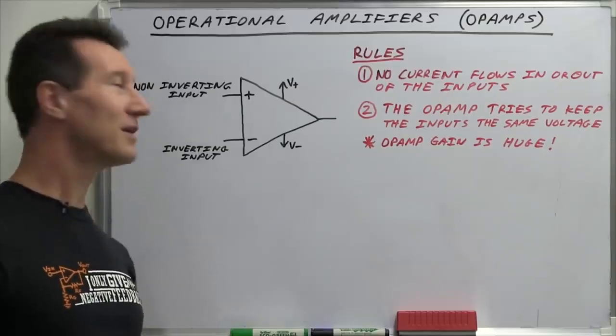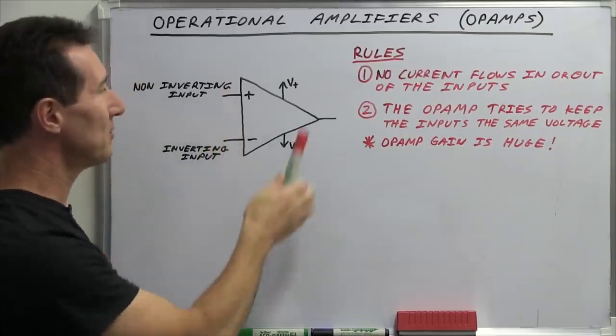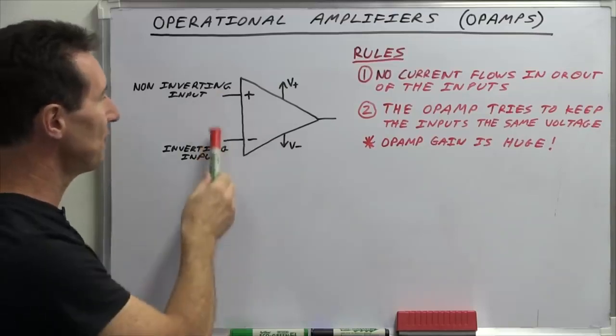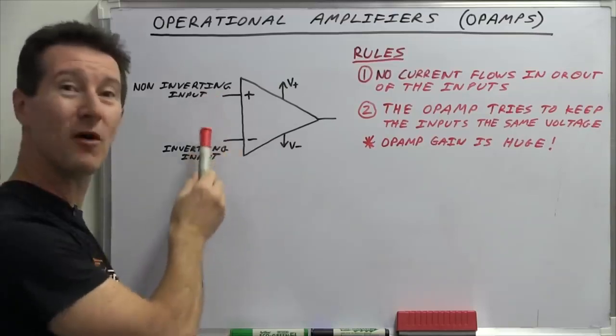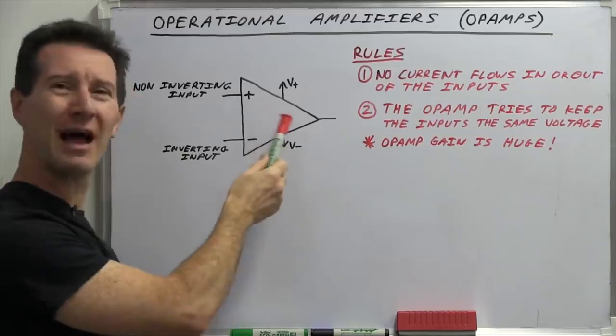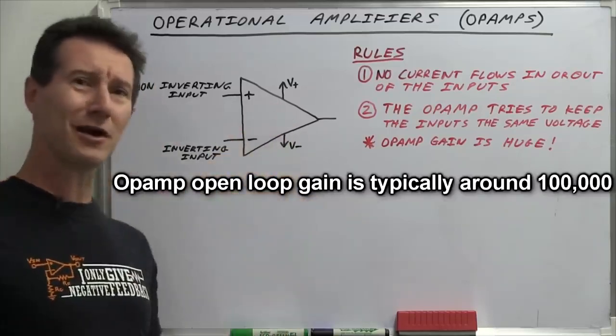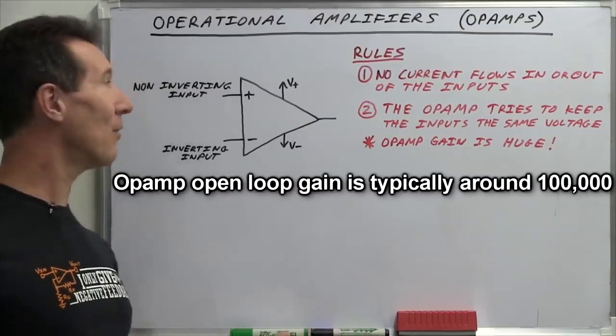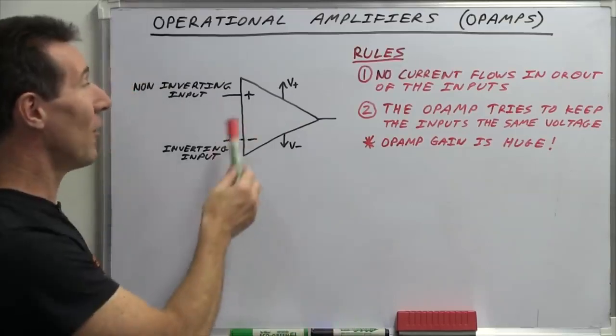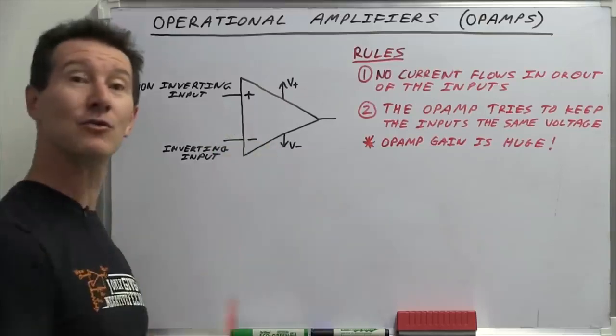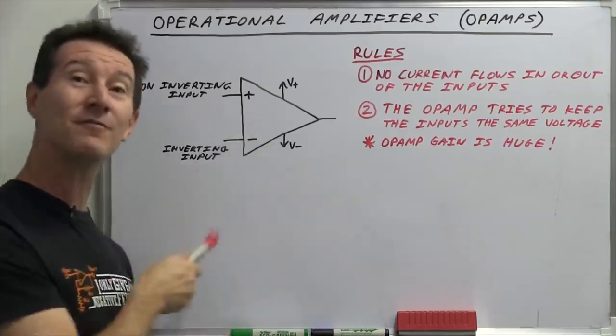So if we just tried to use an op-amp like this with no external circuitry and just fed, you know, like 1 millivolt on the input here, the gain is so large that the output voltage is going to be so huge that it's just not a practical device at all. So that's why you never see an op-amp without any external circuitry, or what's called negative feedback.